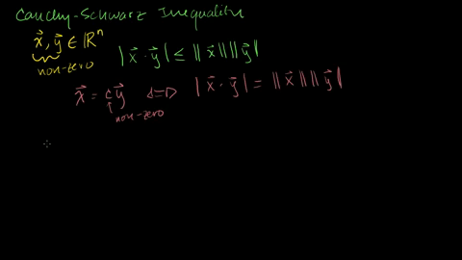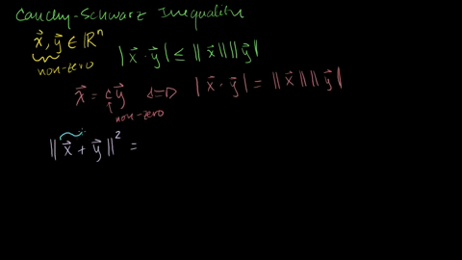Let's see what happens if I were to take the length of x plus y. So I'm going to add the two vectors and then take the length of that vector squared. Well, we know from a couple of videos ago that the length squared can also be rewritten as the dot product of a vector with itself.